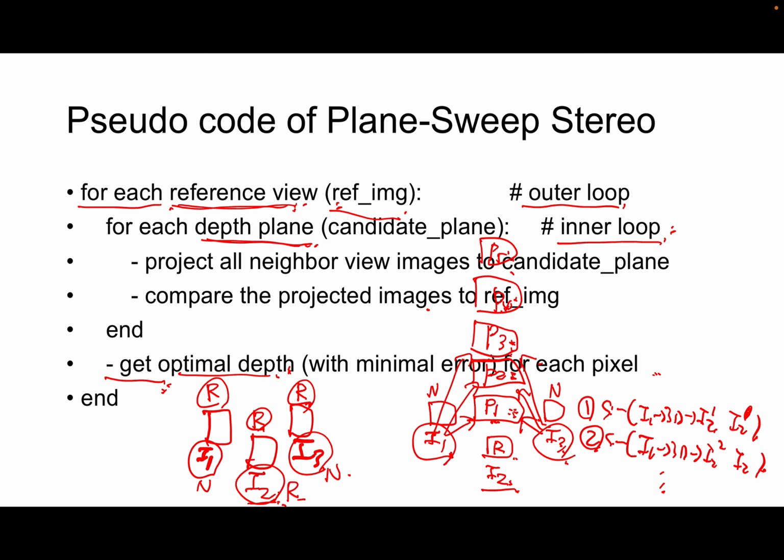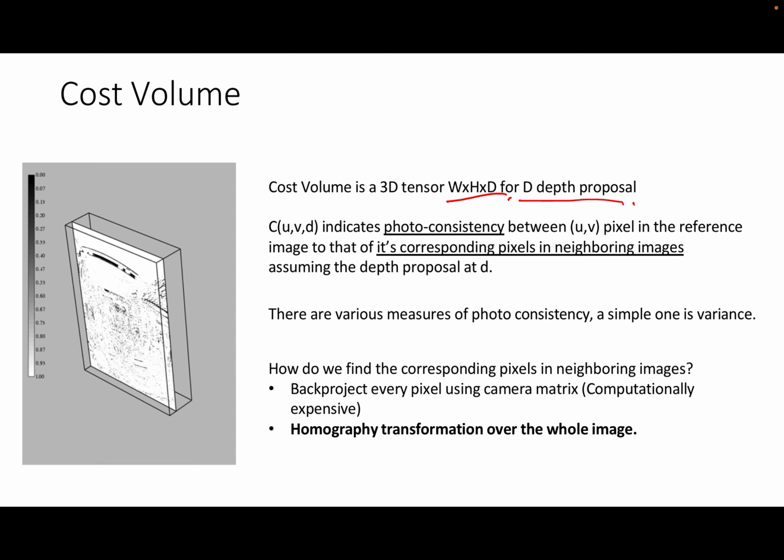For each depth plane, we construct this similarity and save these similarity values, and then stack them up into a volume. That becomes the cost volume.